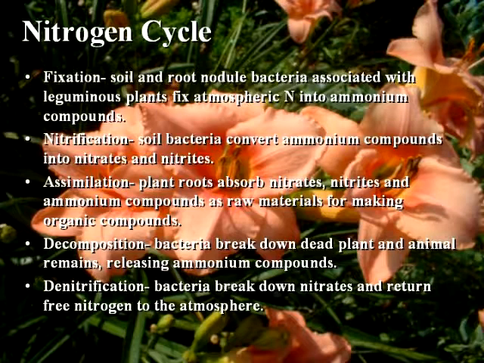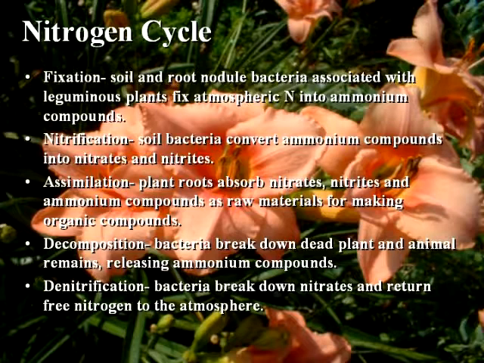So these take in atmospheric nitrogen and turn it into those ammonium compounds. And these ammonium compounds then are acted upon through the process of nitrification. So bacteria, a different class of bacteria, convert the ammonium to nitrates and nitrites.